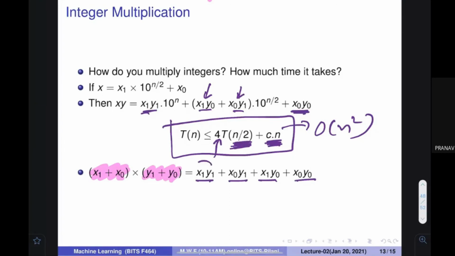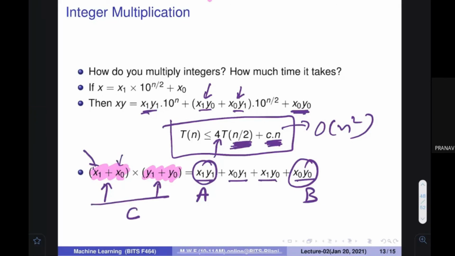You can find out this, call it A, and this, call it B. And this is another number, because x1 and x0 are known to you. Then you can find another number with a third multiplication. These three numbers give the value of the term that was present over here.